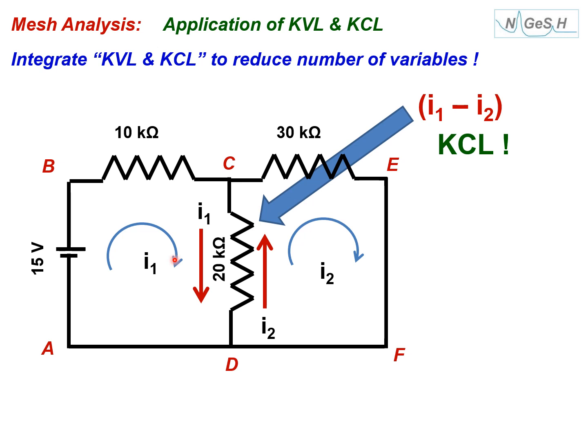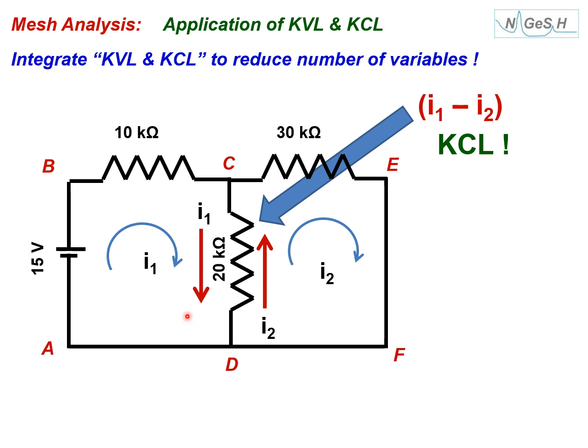You should be conscious of that, as I'm telling you many times. But to start with, we assume the directions. So mesh 1 here, mesh 2 here, and mesh 1 has current I1 in this battery and in this 10 kilo ohm resistance. In this 20 kilo ohm resistance, a current I1 minus I2 is flowing.